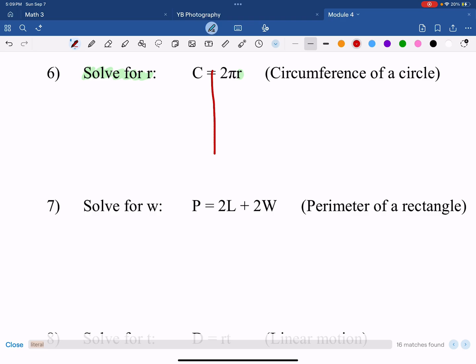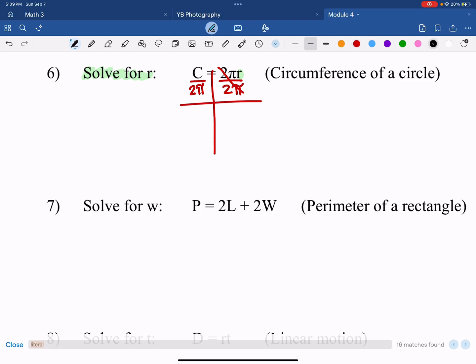So if I want to get rid of this 2, most of us are going to recognize that I'm going to need to divide by 2. Well, I also want to get rid of the pi. So if I want to get rid of both, I can make my life easy and divide both of those at the same time. So I'm going to divide both sides by 2 pi. And therefore, both of those cancel out.